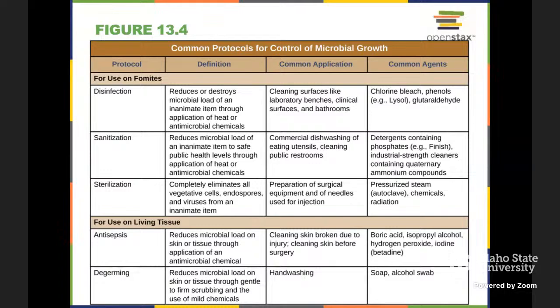And oftentimes when we think about these situations, the first thing that pops into my mind is an autoclave. So pressurized steam, high heat and pressure to get the temperature up enough to actually kill those spores. But in circumstances where autoclaves aren't able to be used, potentially the temperature is too great for that substance, different chemicals or radiation may be used to achieve sterilization.